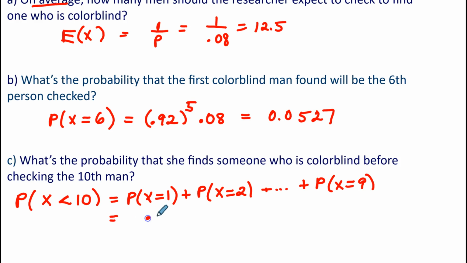So if they encounter the person on the first trial, that would be 0.08. On the second one, that means they didn't get it on the first, but they got it on the second. When x is equal to 3, that would be the first 2 people they didn't encounter, but the third they did.